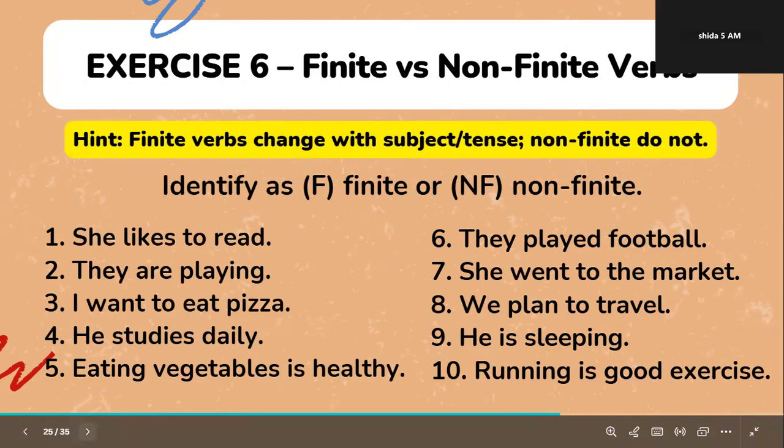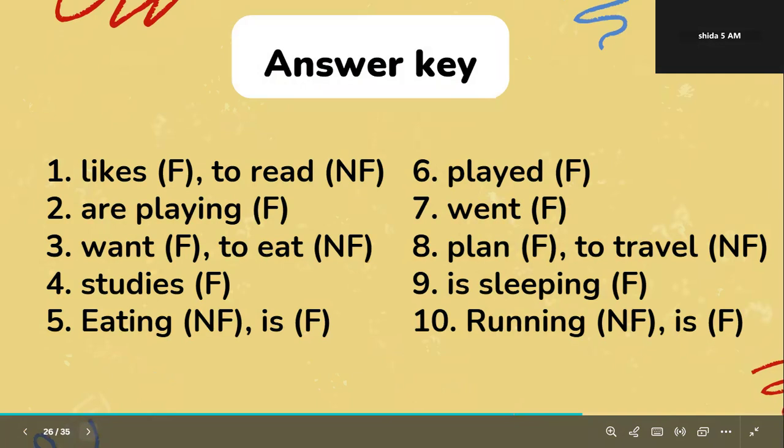Here, there is a change with subject and tense. So, likes is a finite verb. Okay? Let's check the answer. Likes, finite. To read is a non-finite verb.